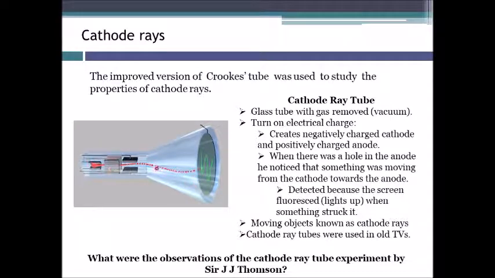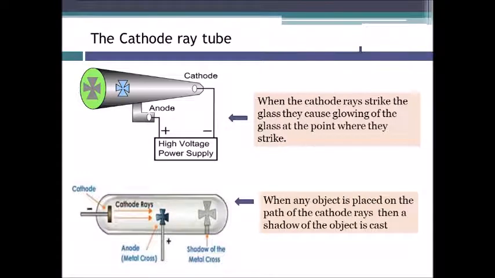Now these moving rays, because they originated from the cathode, were called cathode rays. And you know, cathode ray tubes were used in the old model of our television sets. The observations which Thomson made from the cathode ray tube experiment were that, first, the cathode rays cause the glass to glow when they strike it.